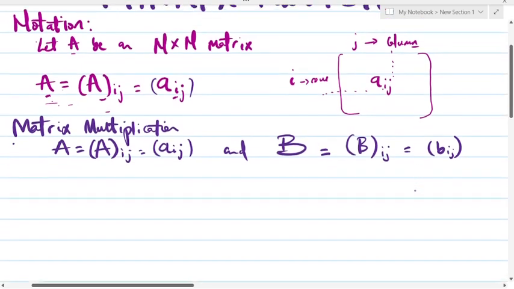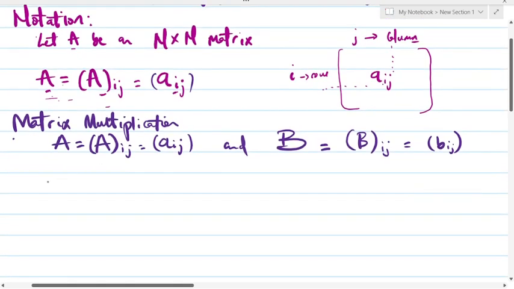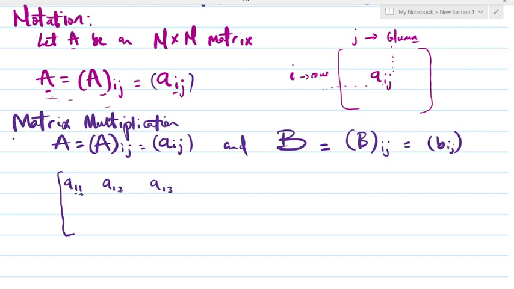So for the multiplication, let's say we have a 3 by 3 matrix. A 1 1, A 1 2, A 1 3. That is row 1, column 1, row 1, column 2, row 1, column 3.